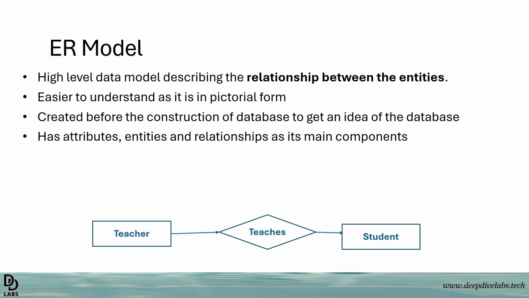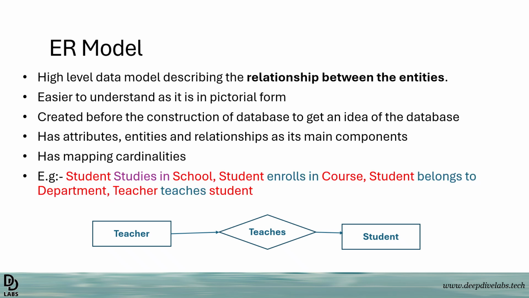So the entities and the relationships are the main components, and the entities and the relationships, or both of them, have their corresponding set of attributes which are descriptive features. There is also some set of mapping cardinalities, such as a 1:1 relationship, 1:many relationship between each of these relationships.